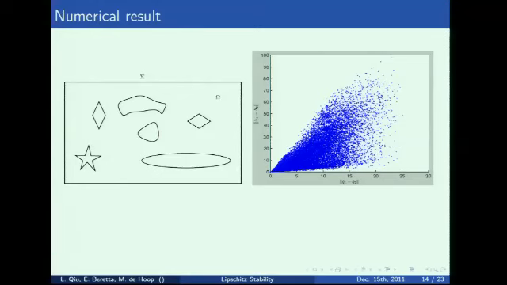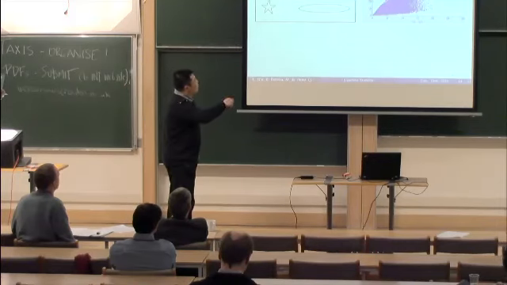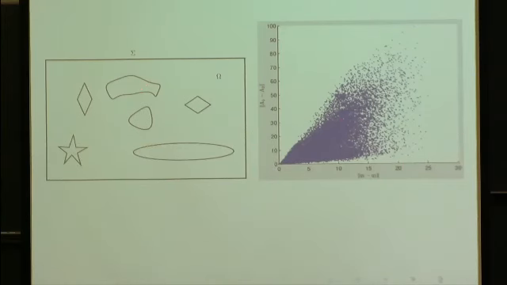I just gave a very naive numerical example. This is the domain omega, and inside each piece Q is just a constant, and I randomly chose some complex numbers actually. So the x-axis is the L infinity norm of Q1 minus Q2, just taking the maximal value of those constants, and the y-axis is the operator norm of the corresponding Dirichlet-to-Neumann map difference, lambda 1 minus lambda 2.